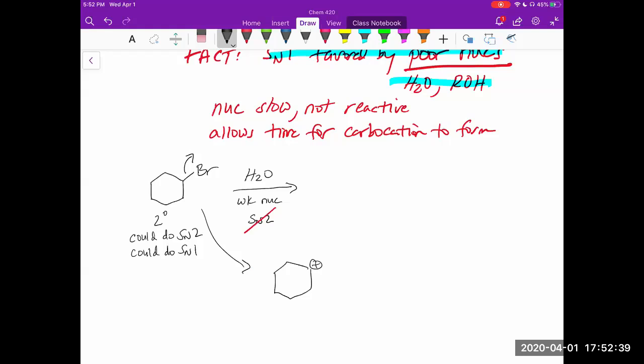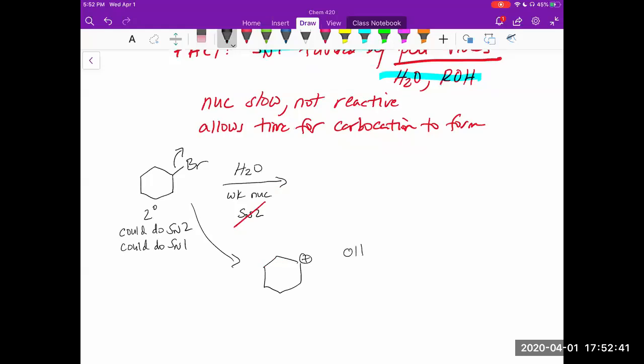And then water's the nucleophile, and it comes and attacks with its lone pair electrons. So let's draw what that thing looks like. I have an O, 2 H's, and the oxygen has a plus charge. Now the product is not charged.